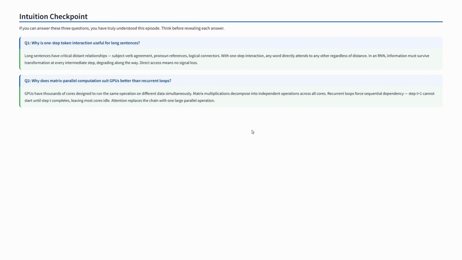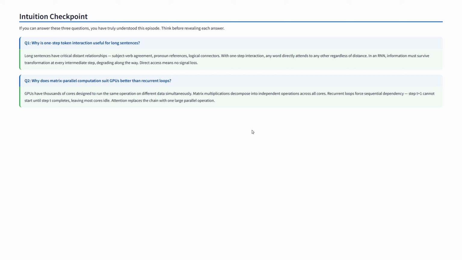Okay, why does matrix parallel computation suit GPUs better than recurrent loops? A GPU has thousands of cores, and they are designed to execute the same operation on different pieces of data simultaneously. Matrix multiplication decomposes perfectly into many independent multiply-add operations that spread across all those cores at once. Recurrent loops break this completely.